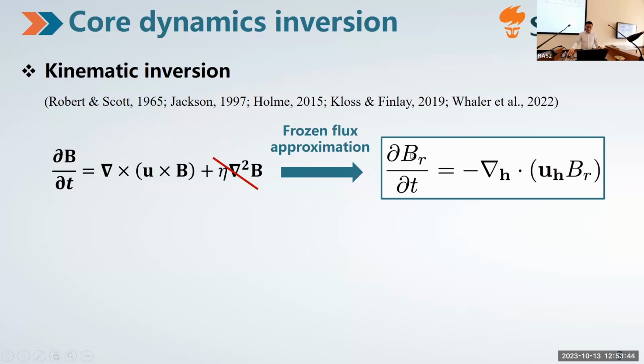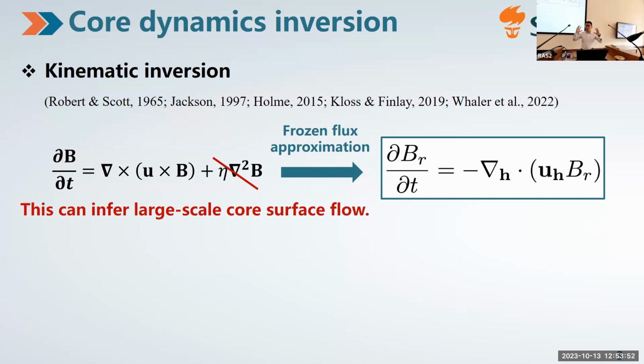The magnetic field and its time derivative are directly related to the Earth's core flow. However, because we can only extrapolate the observed field down to the core-mantle boundary, we can only solve this equation there. So we can only get the core flow at the core surface, which is just a two-dimensional core flow.